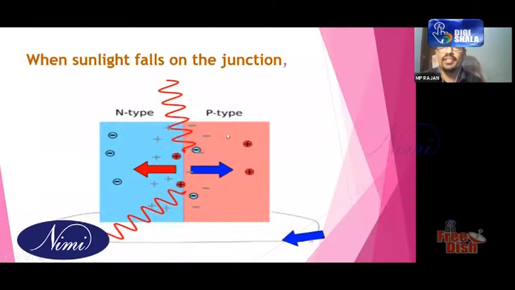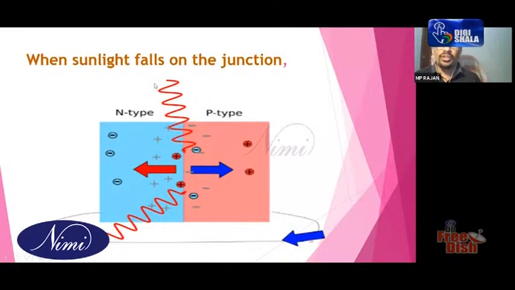So this is the N-type region, P-type region. This is the barrier area, or you can say depletion layer. In the depletion layer there is a negative potential here, and a positive potential here. Between them only neutral atoms are available. So this is a positive field, and this is a negative field.